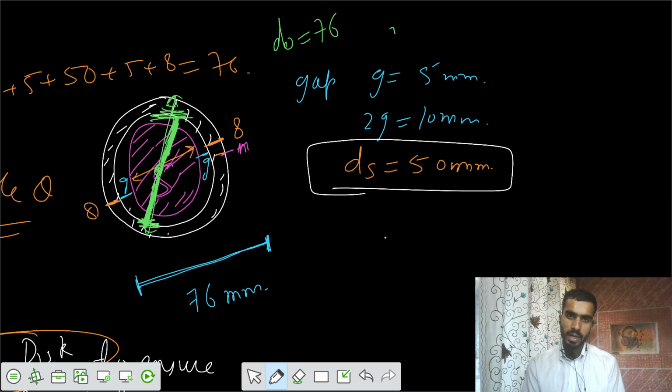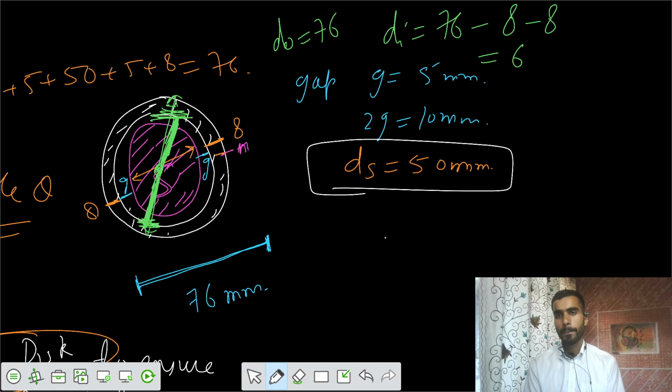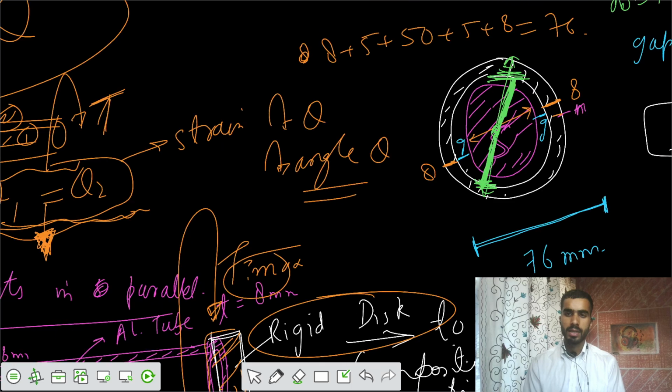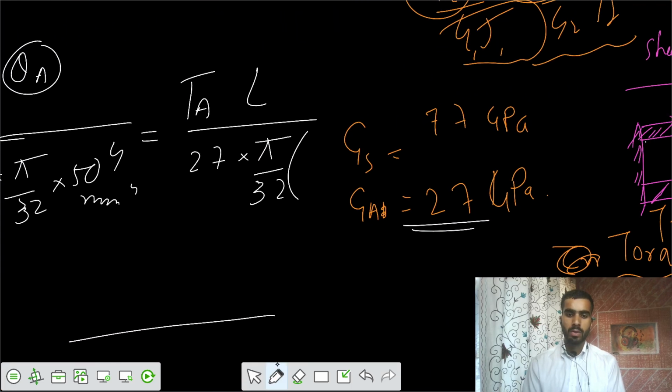So D inner is equal to 76 minus 8 minus 8, since you have to subtract twice the thickness. So you get a value of 60 millimeter. So you have 60 and 76. Pi by 32, 76 power 4 minus 60 power 4 millimeter power 4.